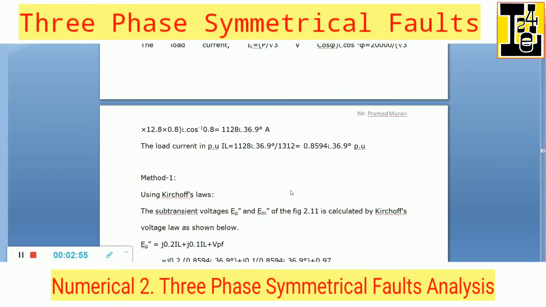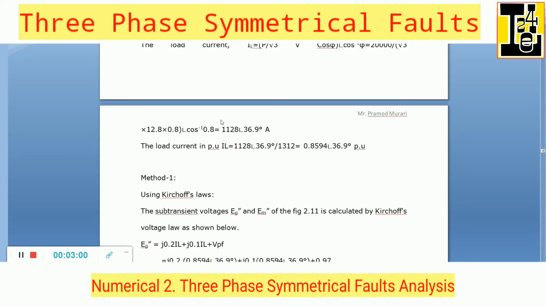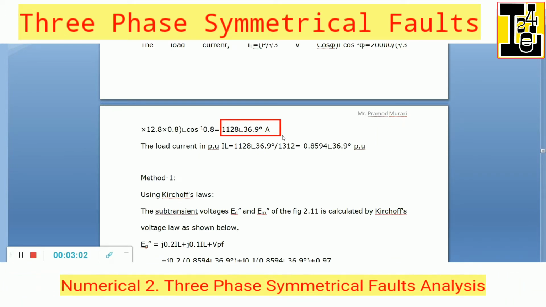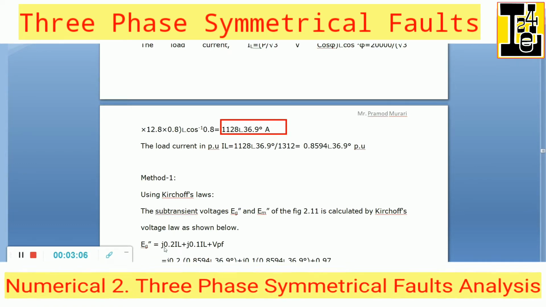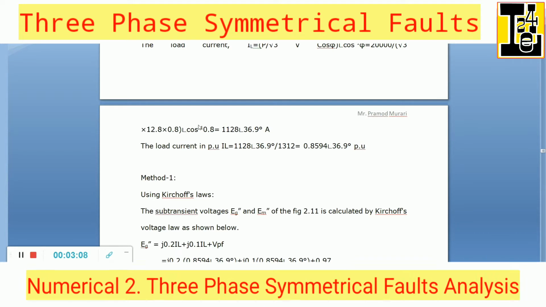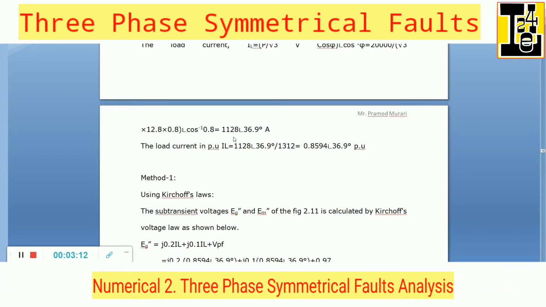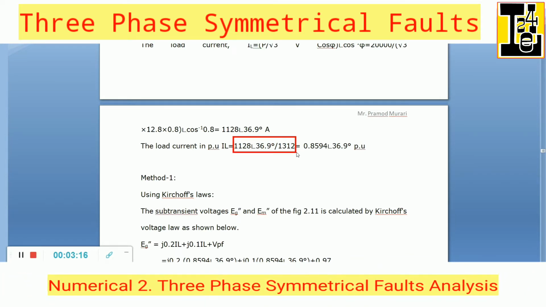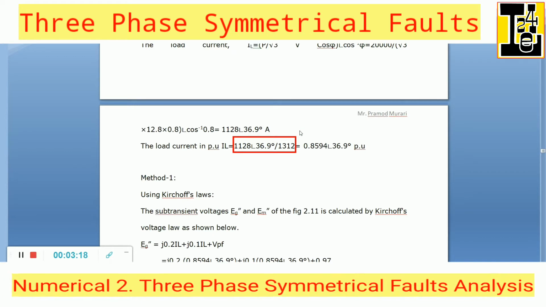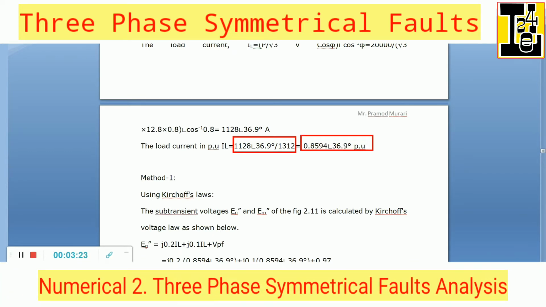After the substitution, we will get the load current as 1128 at an angle 36.9 degree ampere. The load current in per unit is actual value divided by base value of the current, 0.8594 at an angle 36.9 degree per unit.